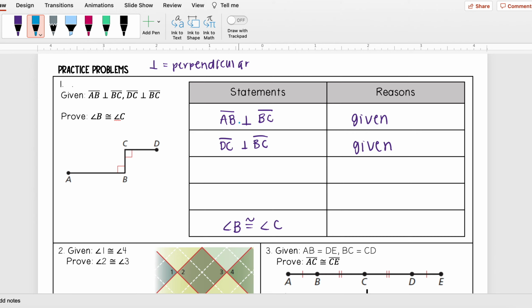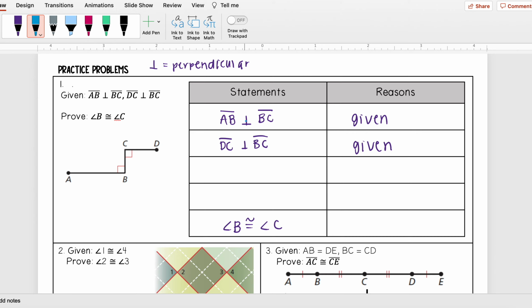So my first step here is I need to remember what it means for something to be perpendicular. And we'll see it's actually written in this diagram here. I see AB is perpendicular to BC, and they put this red box right here. So that means that this forms a right angle. Because remember, definition of perpendicular means that they intersect at a right angle. And same thing with DC and BC.